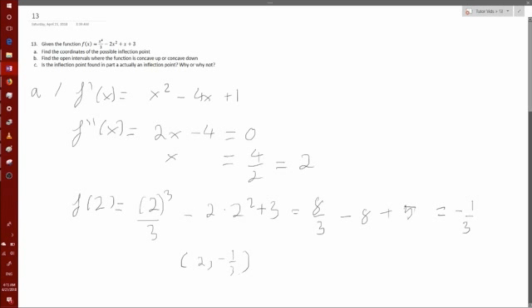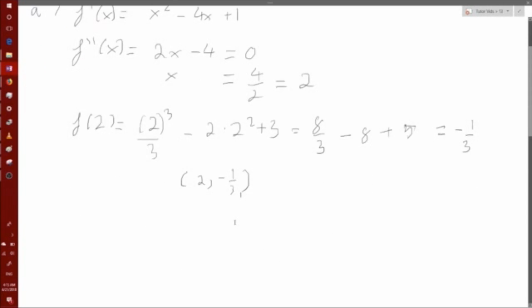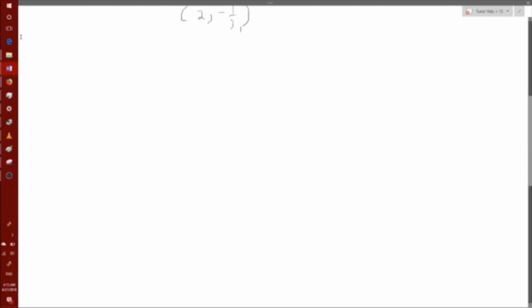We need to find the open intervals where the function is concaving up or down. So to do that, let's plot our inflection points first and see. So let's say here is the x-axis of our function. Our inflection point happens at about x equal to 2.